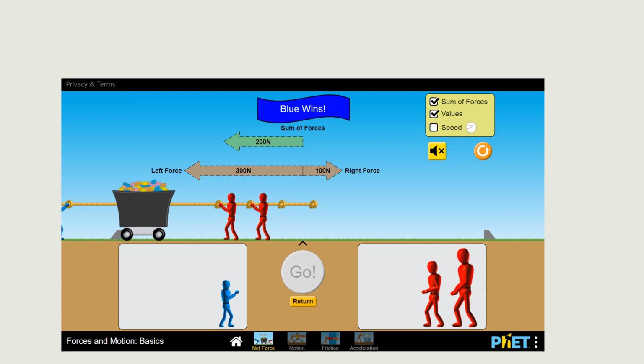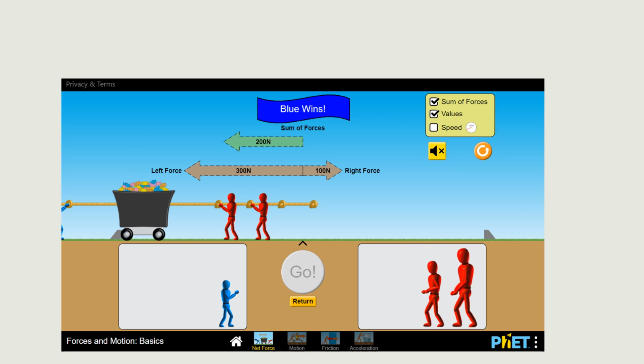What do you think, in which direction will this chart move? On left, on right? And if they even move, how much will be the resultant force? Resultant force is basically the force that you get by subtracting the left and the right force. So let's see what will happen.